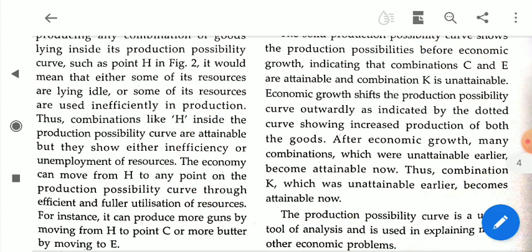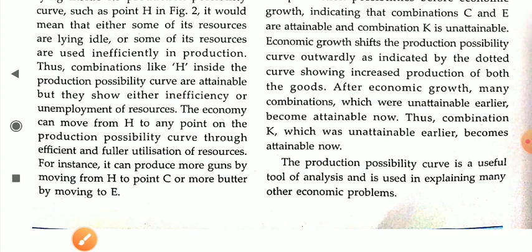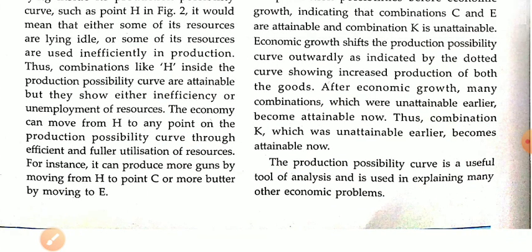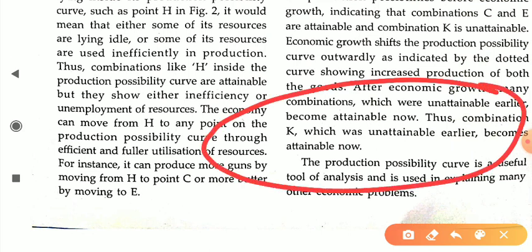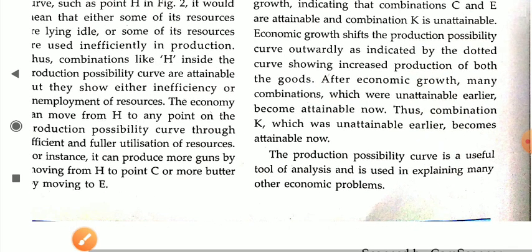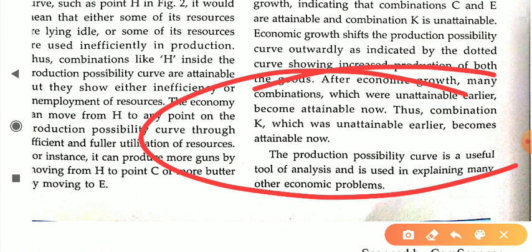After economic growth, many combinations which were unattainable earlier become attainable now. Thus, combination K, which was unattainable earlier, becomes attainable now. Before the growth, point K is unattainable, it means we cannot attain point K, but after growth it is possible to attain point K.